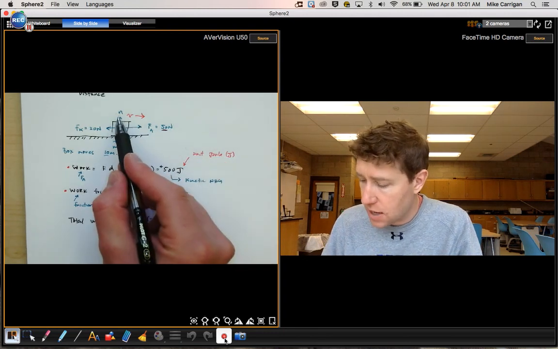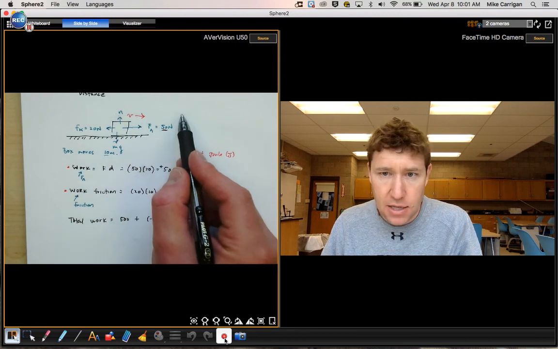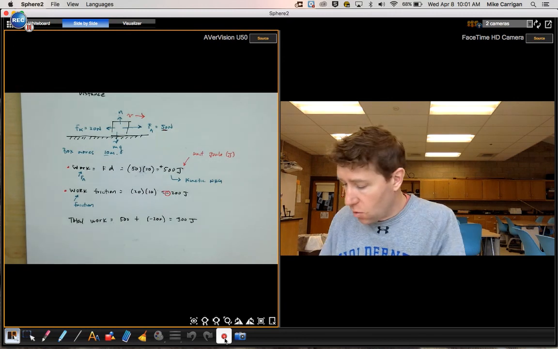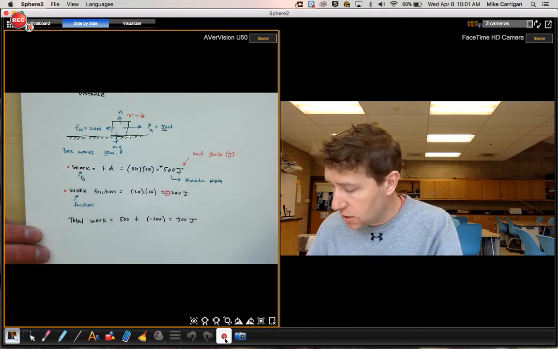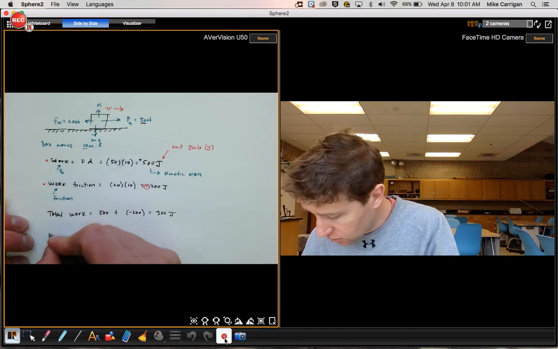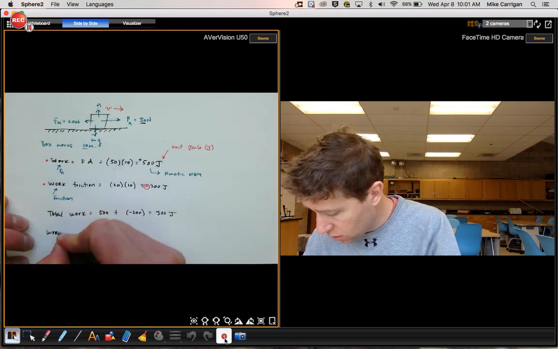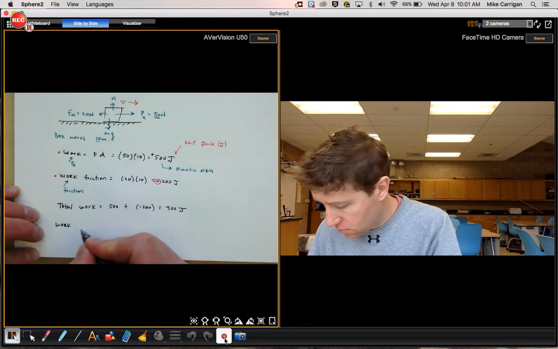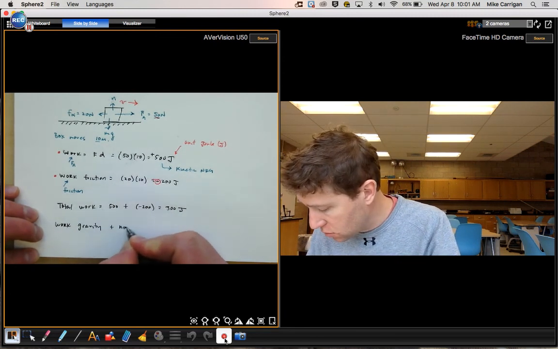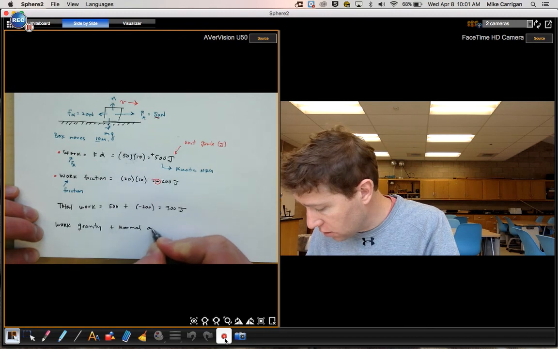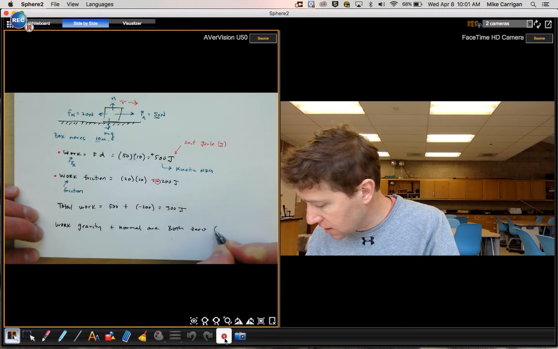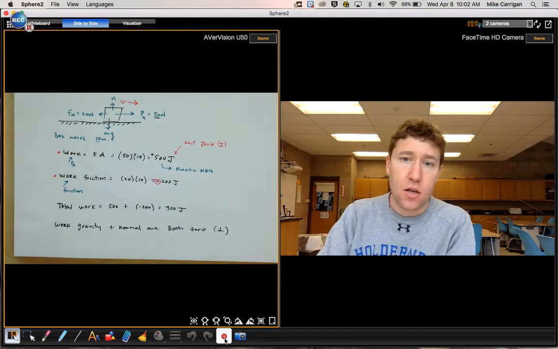They're perpendicular. So how do I deal with that? Well, in this case, the work done by gravity and the normal force are both 0, and the reason is because they are perpendicular.